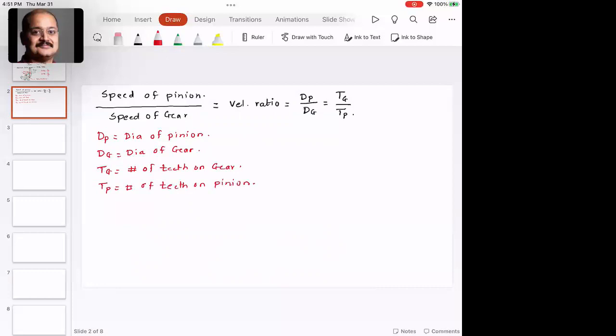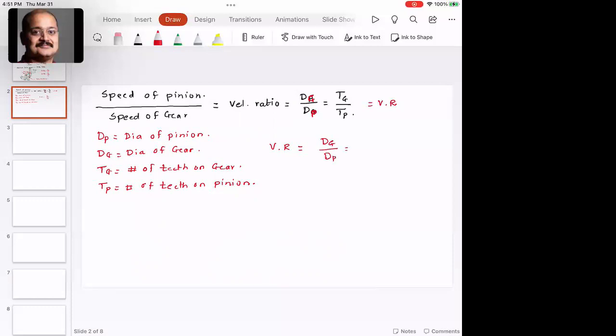Now let me start with the equation for velocity ratio. Equation for velocity ratio is nothing but dp. I made a mistake here. This is dg divided by dp, because diameter of the gear is going to be greater. So dg divided by dp.